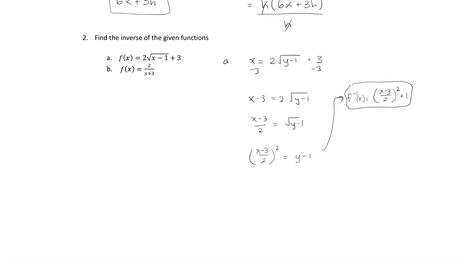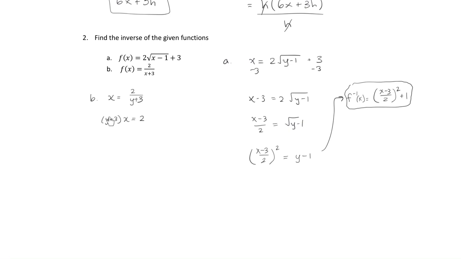For part B, start the same way. We'll switch the place of x and y. And now we want to undo this fraction here, so we multiply both sides by the denominator. So then we'd have like that. Now here we can do this one of two ways.